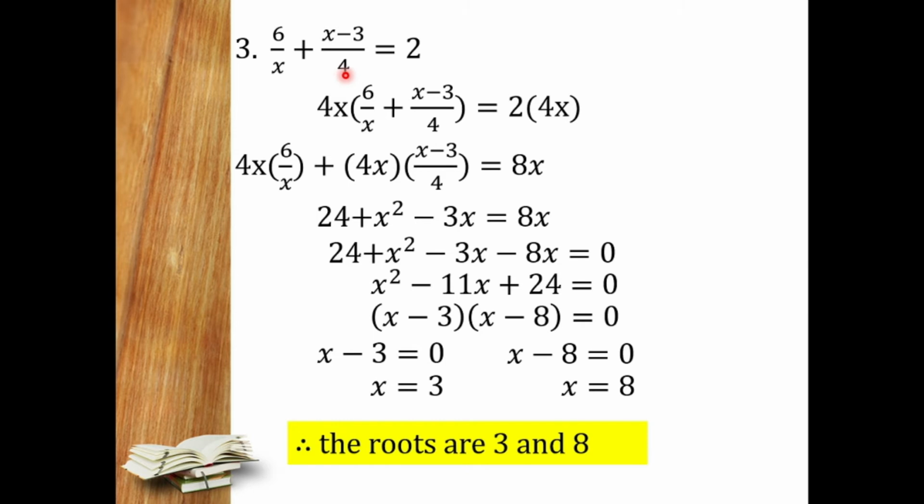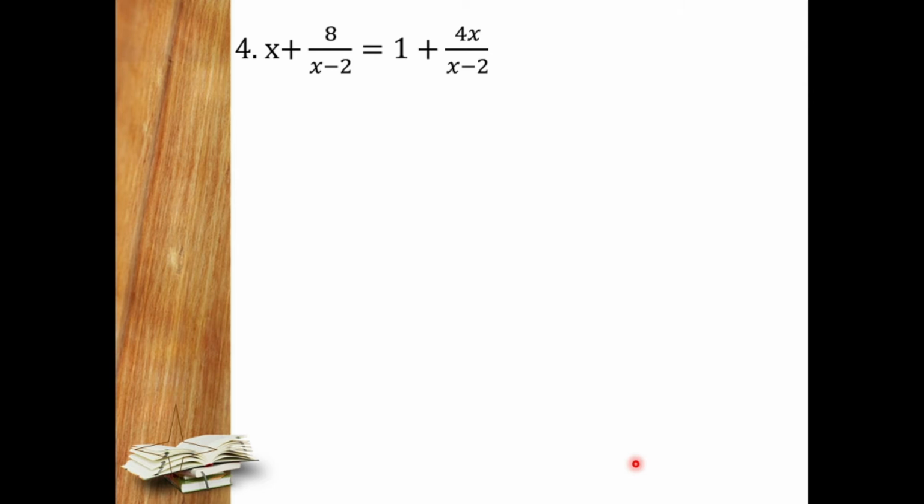We have 8/4. And 8/4 is actually equal to 2. So, both 3 and 8 are real roots or real solutions. Okay, next we have x plus 8 over x minus 2 is equal to 1 plus 4x over x minus 2.